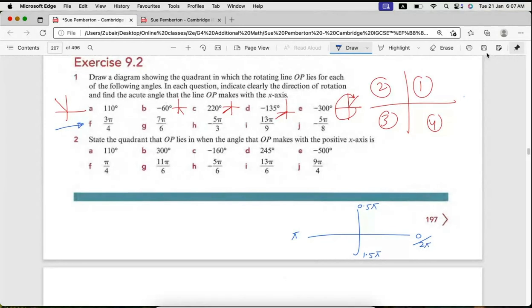So 3 by 4 is 0.75, so it has to be more than 0.5 and less than 1. So in the second quadrant, whereas 7 by 6 is clearly more than 1, and 7 by 6 is giving me 1.16, which is more than 1 and less than 1.5.